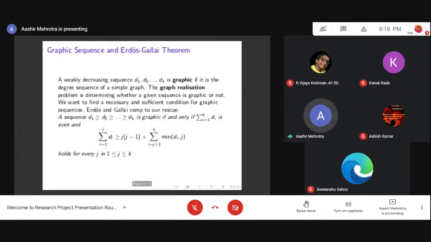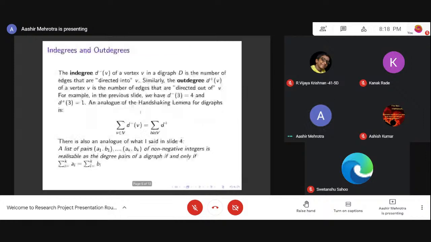In the same way, you can think of this as realizable as degree pairs of a digraph if and only if the sum of the in degrees equals the sum of the out degrees. So the summation of ai equals the summation of bi, where ai are the in degrees and bi are the out degrees.